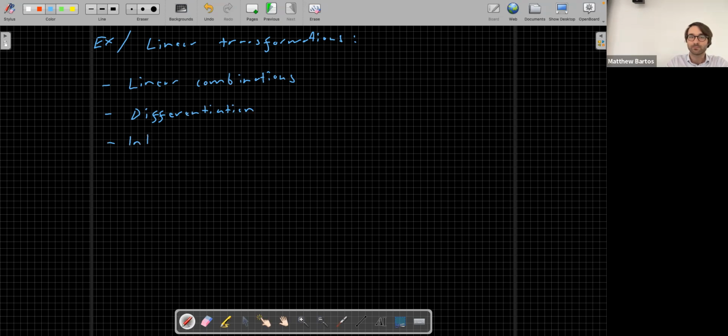Integration. What are some other linear transformations that we know from this class? Sorry? So we'll talk about that. So I'll put that in parentheses. A matrix: what we're going to show today is that, well, I'll spoil you, any linear transformation can be represented by a matrix, no matter what it is. What are some other examples of linear transformations that we looked at in this class?